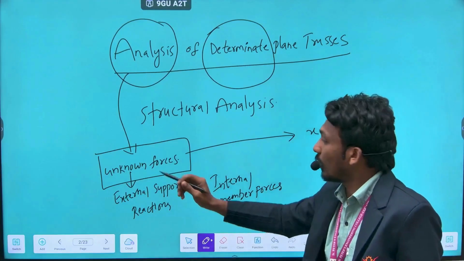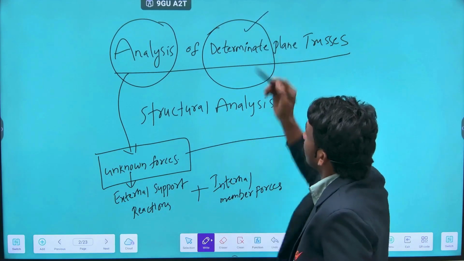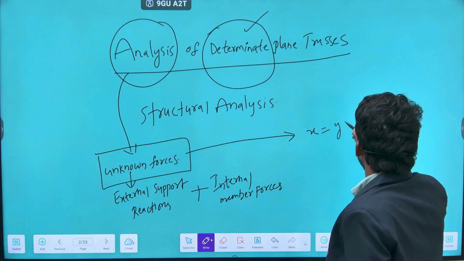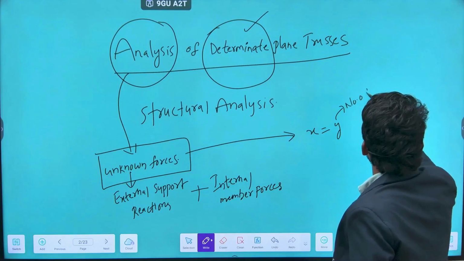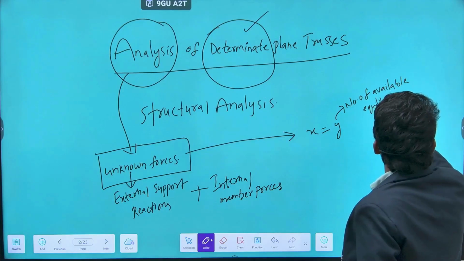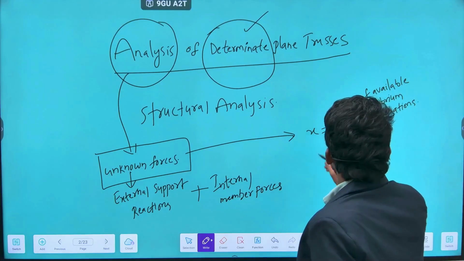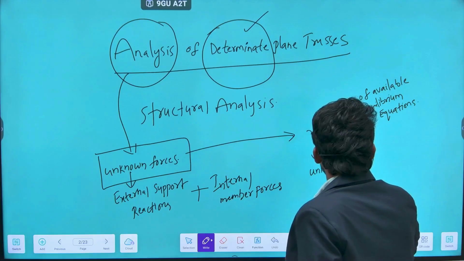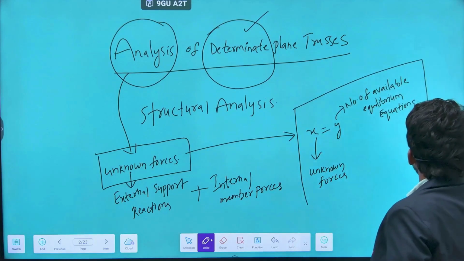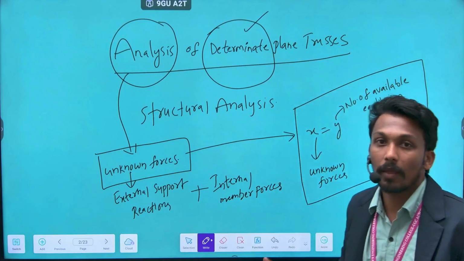In simple words, if the number of unknown forces x is equal to the number of available equilibrium equations y, then the structure is called a determinate structure.